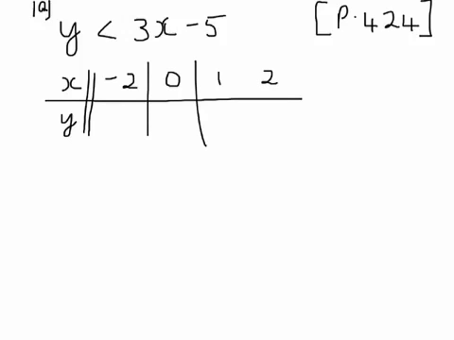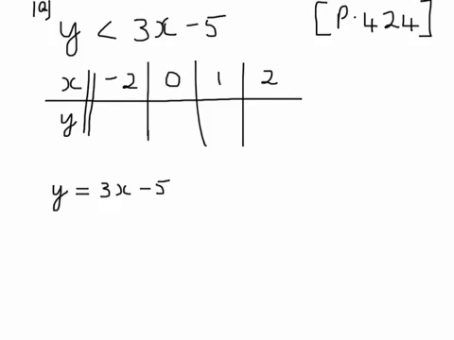That'll be enough values. Now to substitute in, what I've got to do is look to my function. In this case it's y is less than 3x minus 5. So to do this, we put it to be equals so that we can find where the line is. So if y equals 3x minus 5, in the first case x is equal to -2.